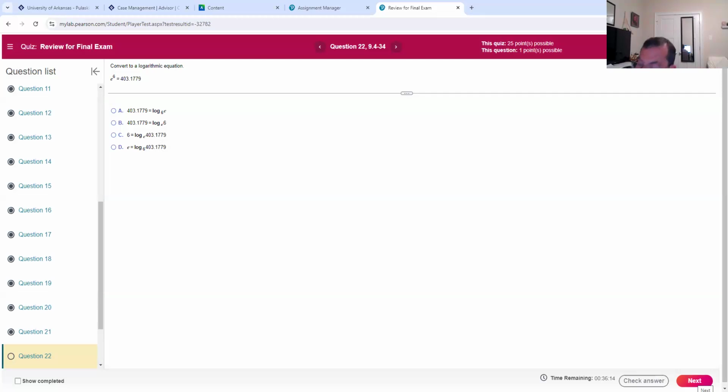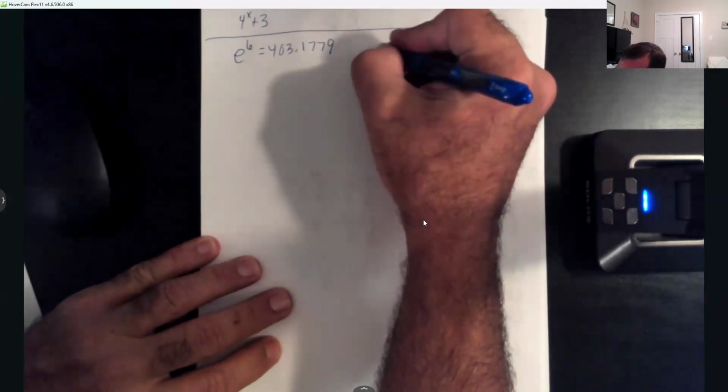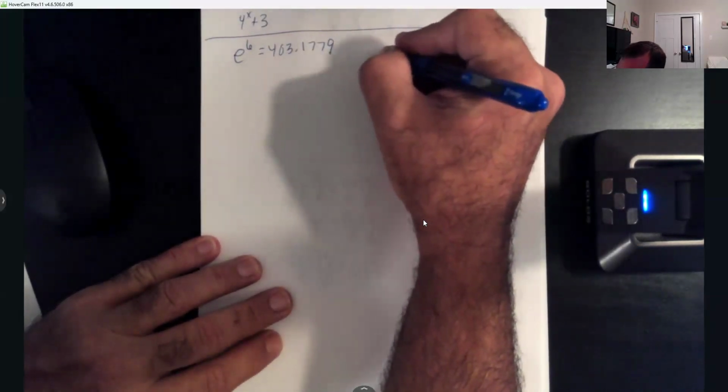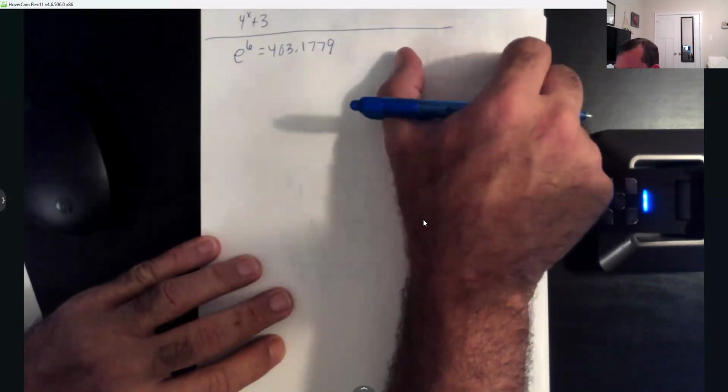All right, y'all, convert to logarithmic. We got e to the 6 equals 403.1779. All right, so this was sort of the newest stuff we've been doing in the fourth test. So they want us to write it from exponential and put it in logarithmic.